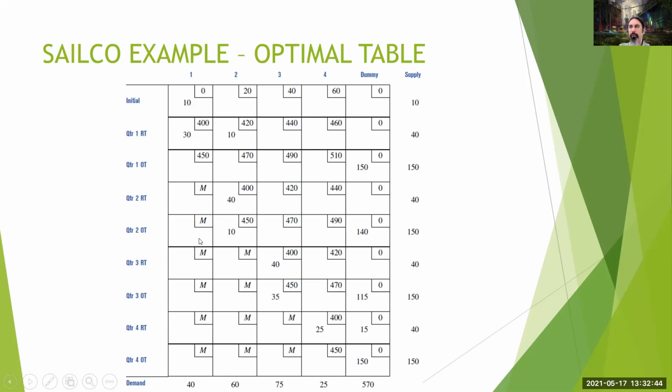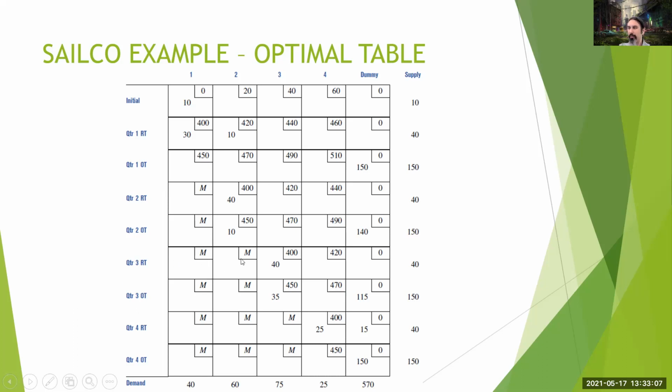This is such a huge value. It's like 10 billion, for example, or something greater when compared to the other costs. It could even be 2000 because 2000 is big enough when compared to 400, but still make it very large. So the M here means that you cannot do this. You cannot produce in the second quarter and send it to the first.